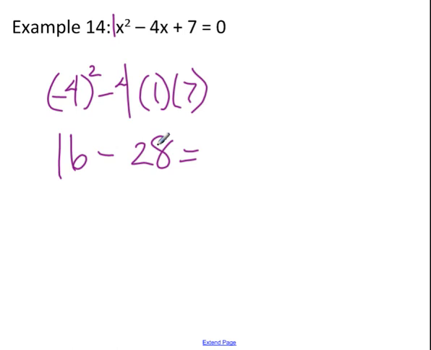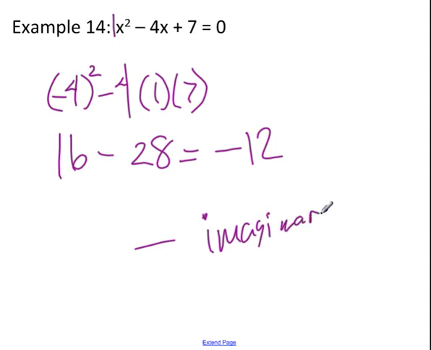That's all that really matters. As soon as we realize, hey, it's going to be negative, and yeah, it's negative 12. But negative answer, well, what does that mean? That means i, and that means imaginary. And with imaginary, there's always 2 imaginary solutions. Never just one. That's how things go.